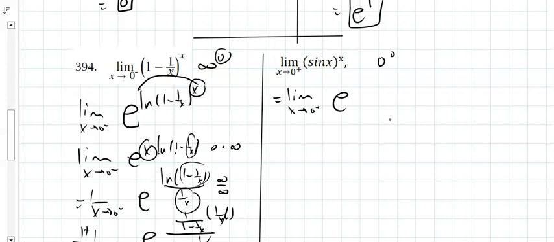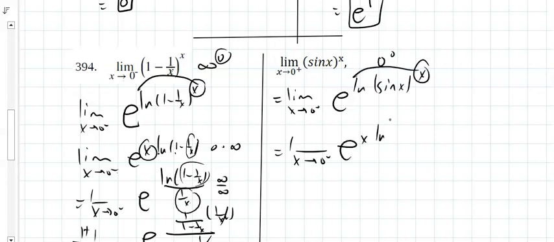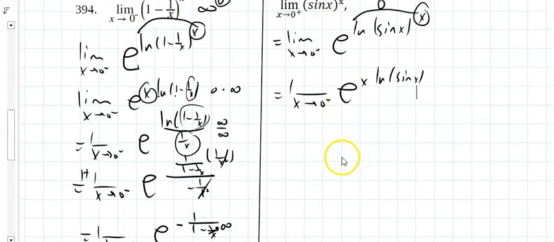Well, I use e to the natural log of the sine of x raised to the x. Properties of logs: I can move that up front. And now this is 0 times, and if this is 0, then natural log of 0 will be infinity.